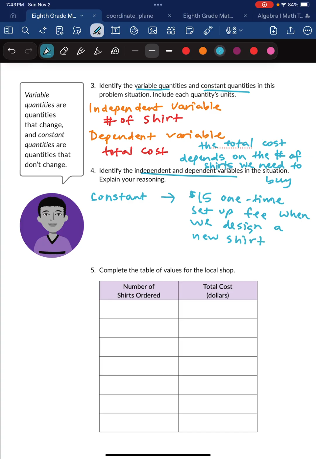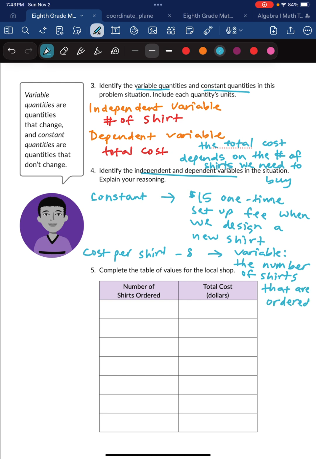And the variable quantity is the cost per shirt is $8. The variable is the number of shirts we need to buy. Or let's just say the number of shirts that are ordered. So that would be our variable.